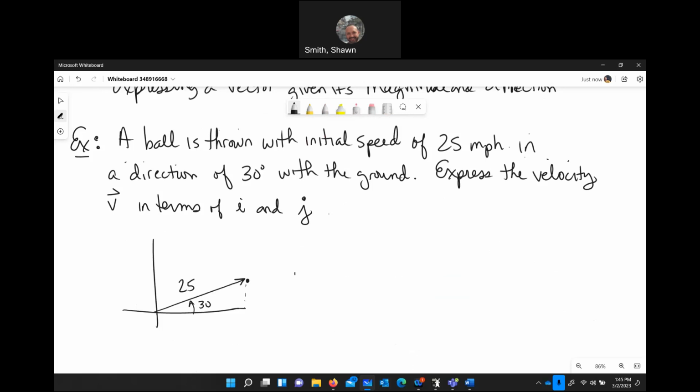So we know the format, vector v is going to be the magnitude, which is 25, times the direction in the form of i's and j's, right? So that's going to be the cosine of 30 degrees times vector i plus the sine of 30 degrees times vector j.